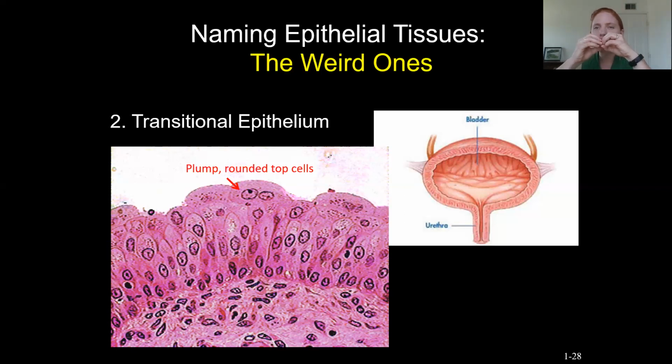And then even more than that, they have the ability to stretch the cells themselves out. So instead of more like cuboidal, they can become more like squamous, right? So not only can the number of layers change, the shape of the cells can change, right? So if they can change and be anything, you can't really name them based on that. And so let's just say, well, they change. And so we call it transitional epithelium.